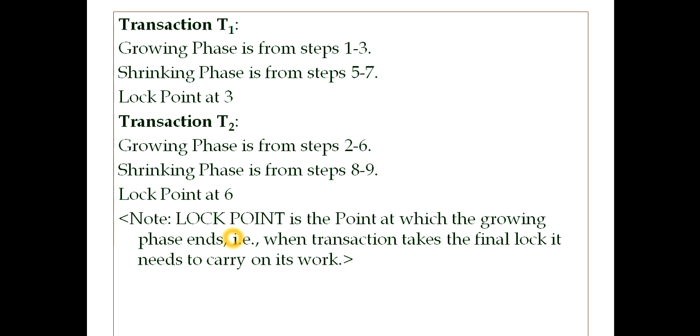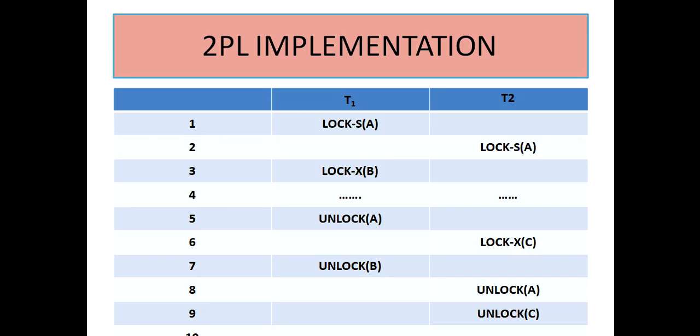My dear students, and all the observers of the video, please note down what the lock point is, as it has been asked several times before. Lock point is the point at which the growing phase ends, that is, when the transaction takes the final lock it needs to carry on its work. So for the first transaction T1, the lock point is at 3.